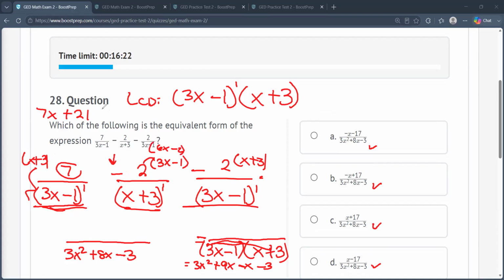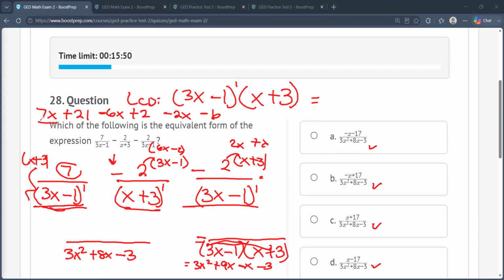So then distribute that minus, so that's going to be negative 6x plus 2, right? Because a negative times a negative is a positive. Now do the same thing here, FOIL out this 2, so that's going to be 2x plus 6, and then distribute that minus, so that's going to be negative 2x minus 6.